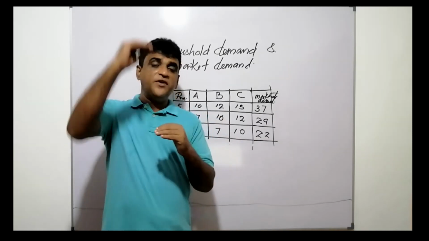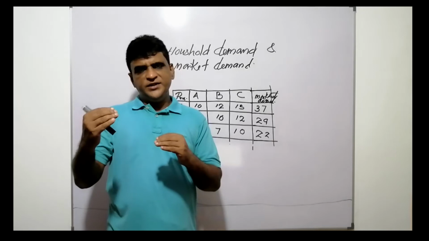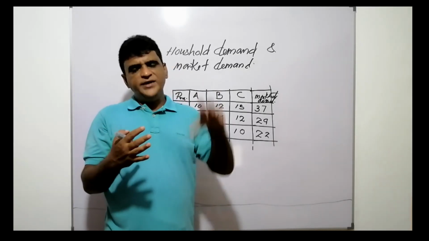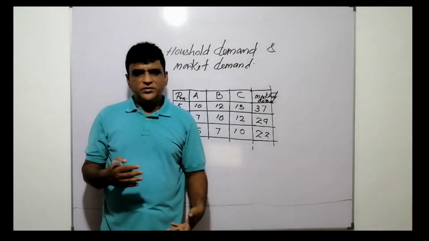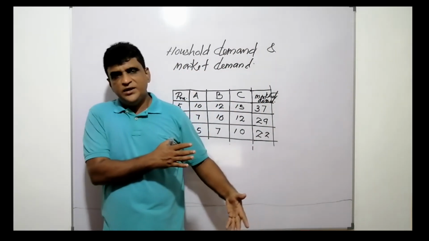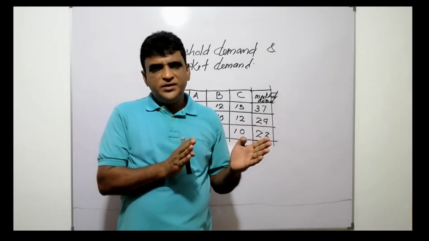Only the price factor goes up and down. According to the change of the price, quantity demanded varies, also going up and down. That is changing, right? Now, the other concept.